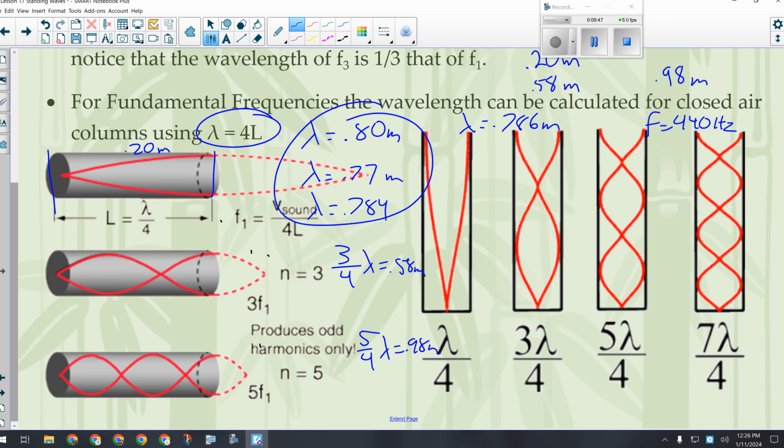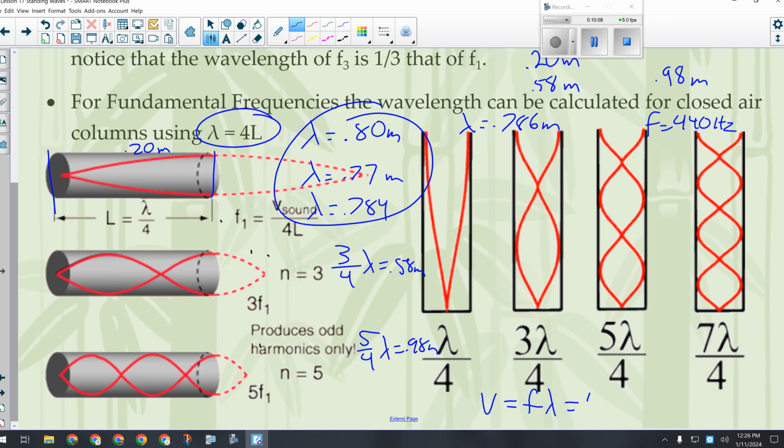Okay, so if I want to calculate the speed, I just have to go F times lambda, agreed? What should I get for a number? The speed of sound in air in this room should be 340, maybe a little less than that, something along those lines.